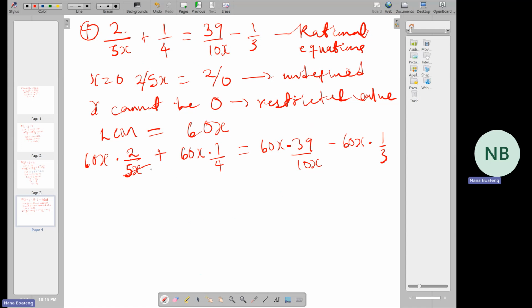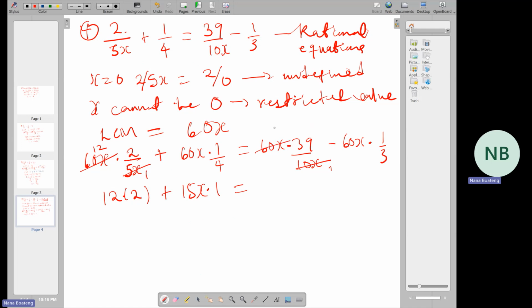Then from here we simplify. So 5x divides 5x one time. It divides 60x 12 times. So we have here 12 times 2 plus 4 divides 60x 15x times. So we have 15x here times 1, is equal to 10x divides itself once.